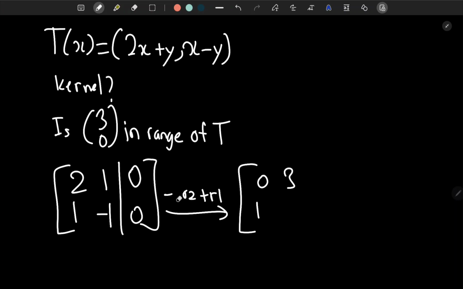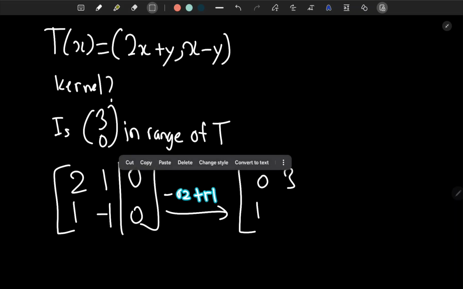Oh, my bad, this is supposed to be minus R2 only because we need a 1 up there as a pivot. So my bad, it's going to be minus R2 plus R1.